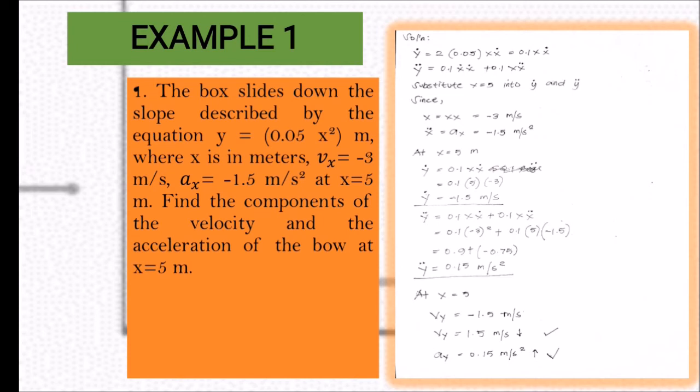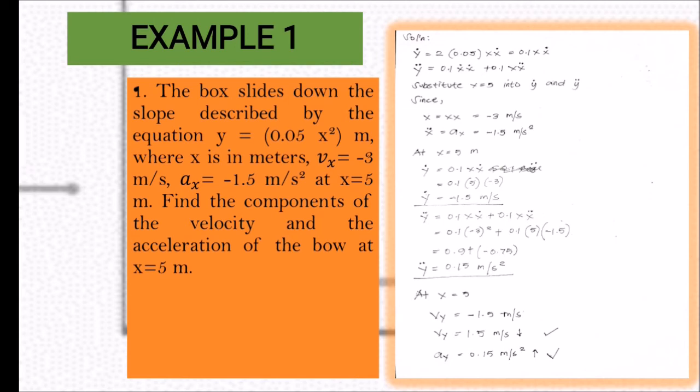So substitute x into 5 and the first derivative of x into negative 3. Then we will get our first derivative of y is equal to negative 1.5 meter per second. And for our second derivative of y, our final answer is 0.15 meter per second squared.